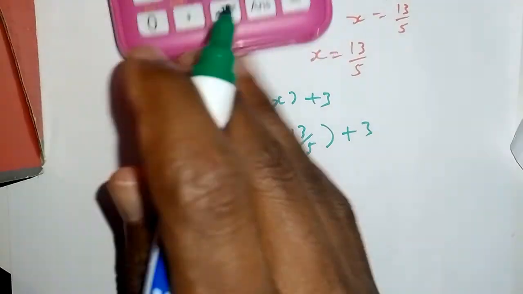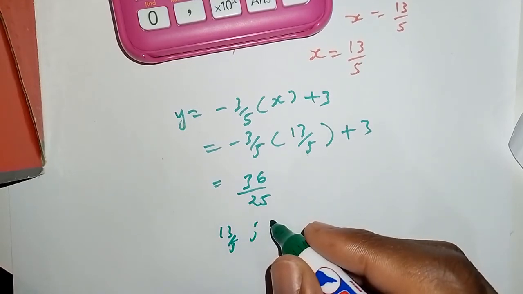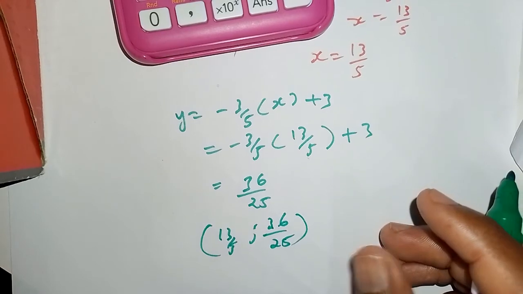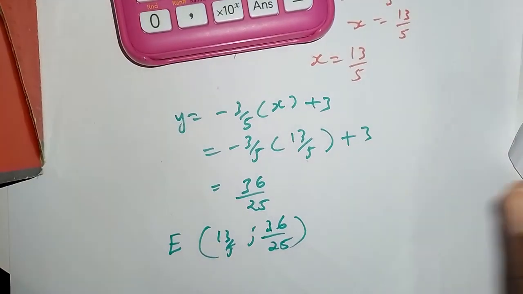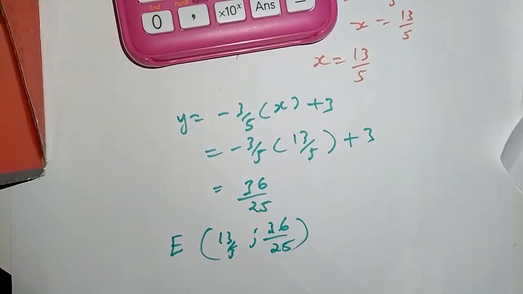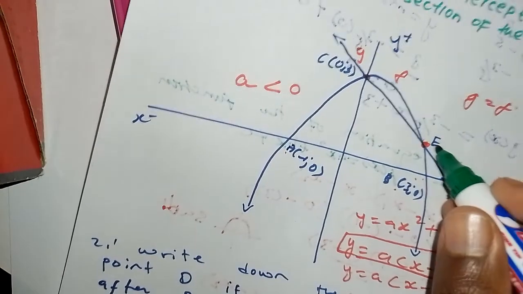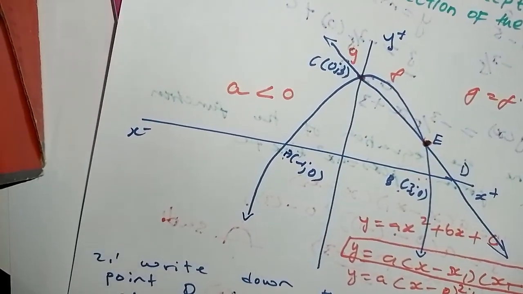Therefore, my coordinates are 13 over 5, 36 over 25. These are the coordinates of E. Both are positive. That simply tells you my answers are correct, because they are found in the first quadrant where x and y are positive, right?